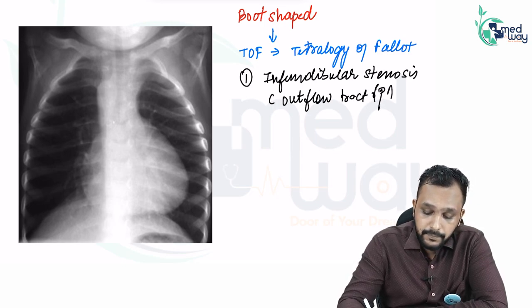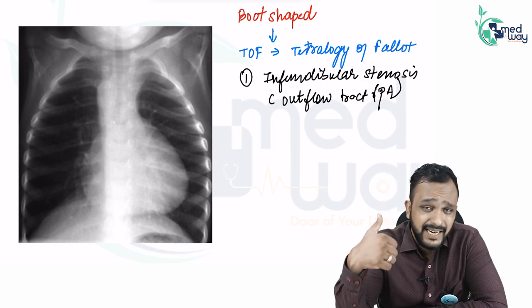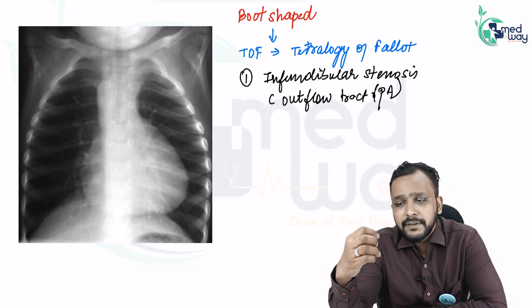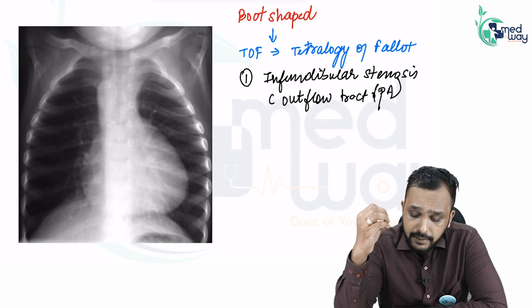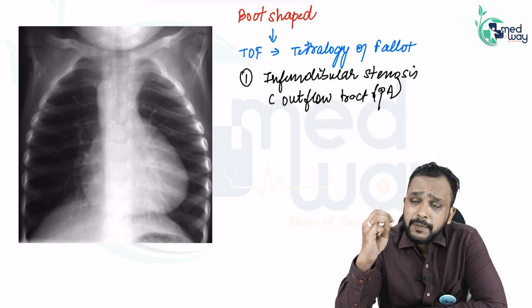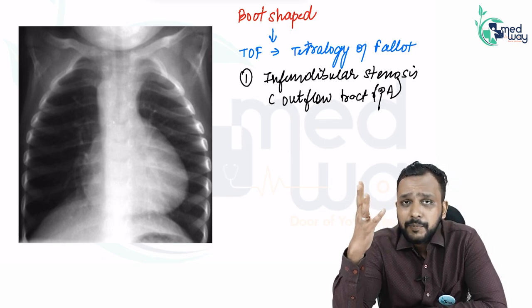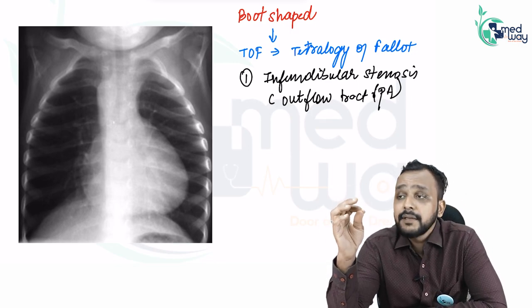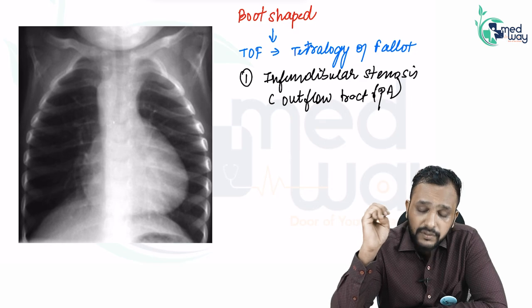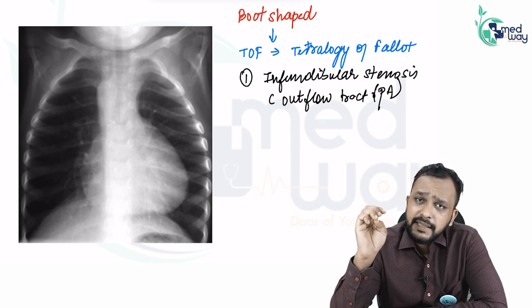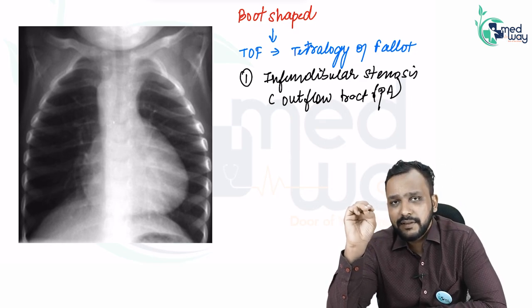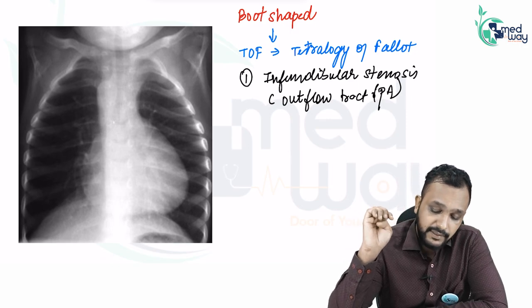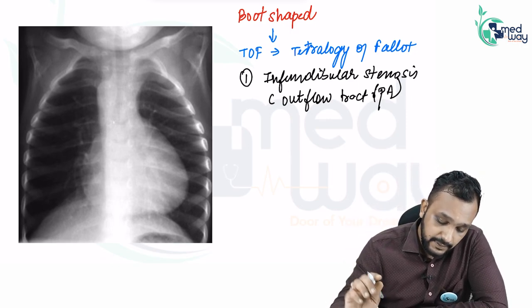So when there will be narrowing in the outflow tract of the pulmonary artery, what will happen? Blood will not be able to reach the lungs, and there will not be proper oxygenation of the deoxygenated blood, right? And because of the improper oxygenation, the patients will be cyanotic. Okay, the children will be cyanotic, right?